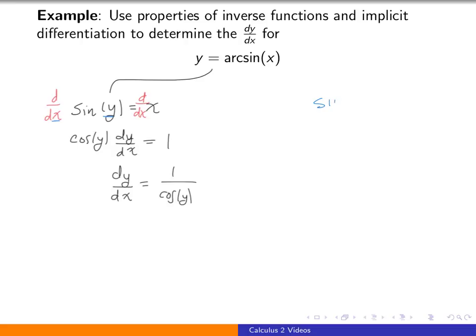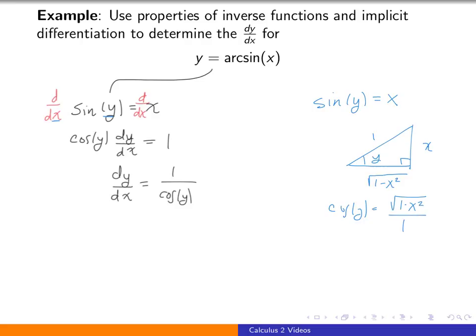We started with sine of y equals x, so we have our angle y, the opposite leg x, and the hypotenuse being 1. The remaining leg by the Pythagorean theorem would be the square root of 1 minus x squared. So cosine of y would be adjacent, square root of 1 minus x squared, over hypotenuse.